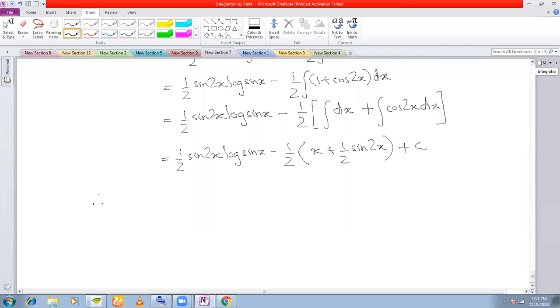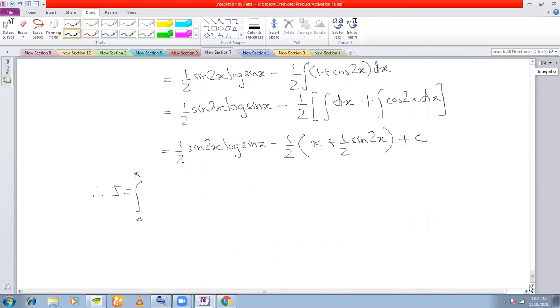Let us now evaluate the definite integral. Therefore, I is integral 0 to pi cos 2x log sine x dx. And the indefinite integral, we have evaluated this to be half sine 2x log sine x minus half x plus half sine 2x.